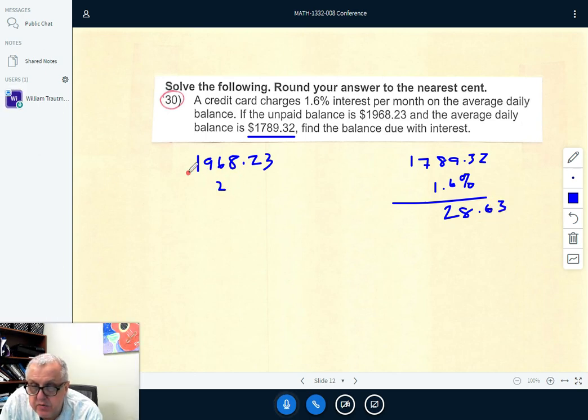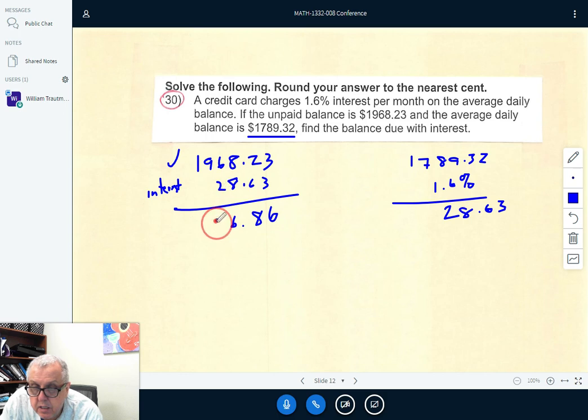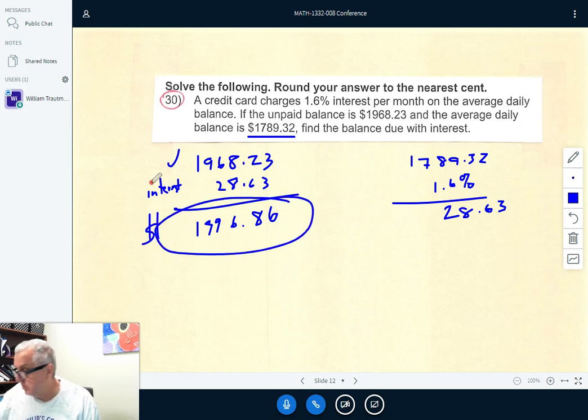So I add, this is how much I owe the credit card, and this is my interest, 28.63. It ends up being 1996.86. So that's my final balance on my credit card.